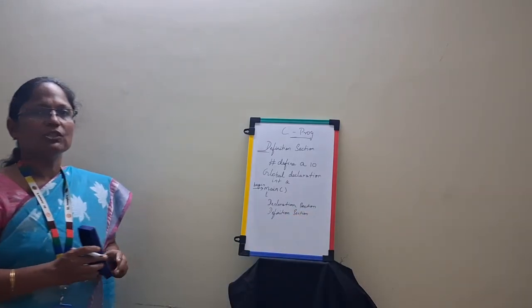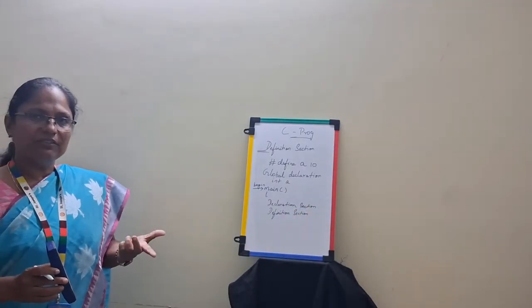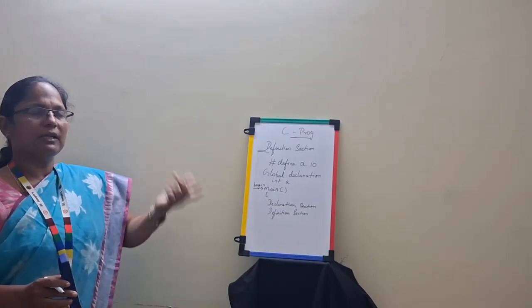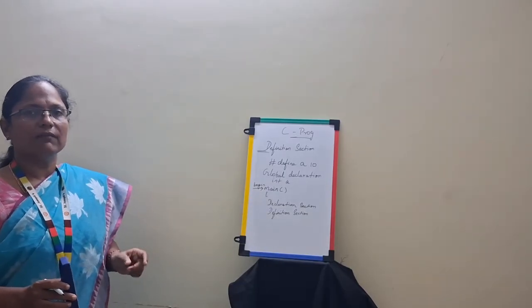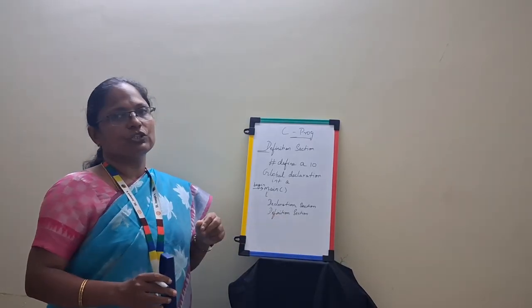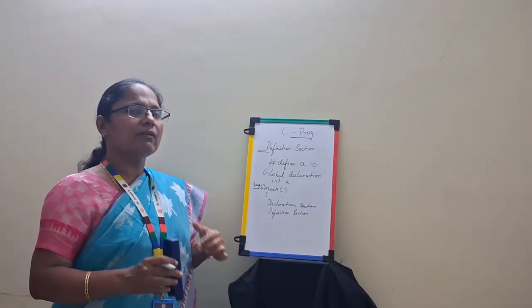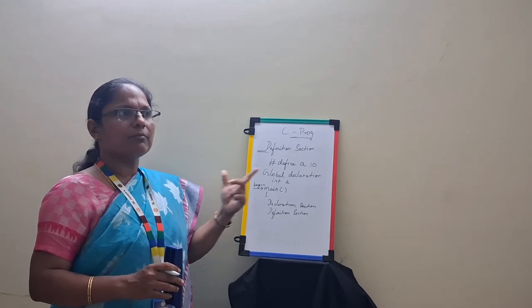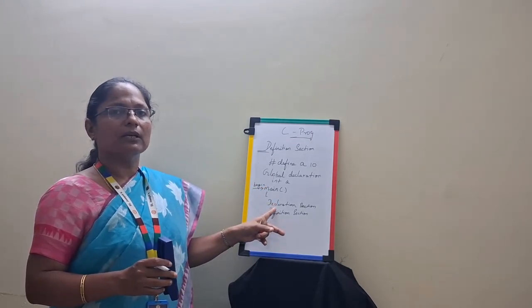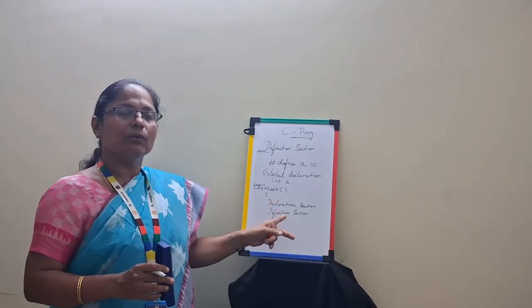What do you mean by definition section? We define whatever we have declared here, for example A or B. Defined in the sense that I give a meaning to it. For example, here I will say only int a, but for the definition I will say a is equal to 10.